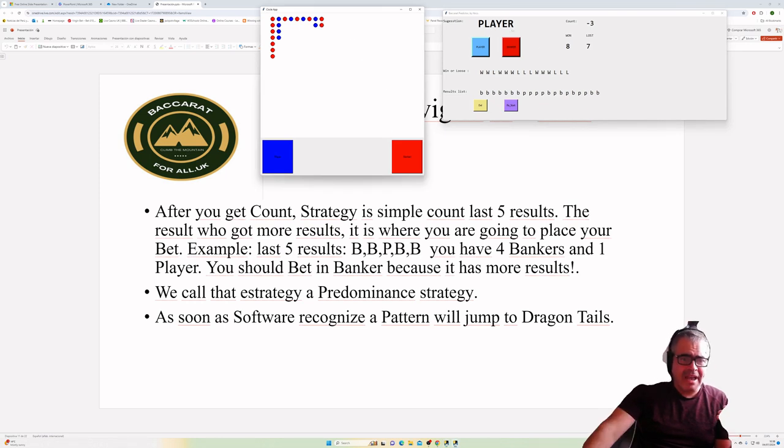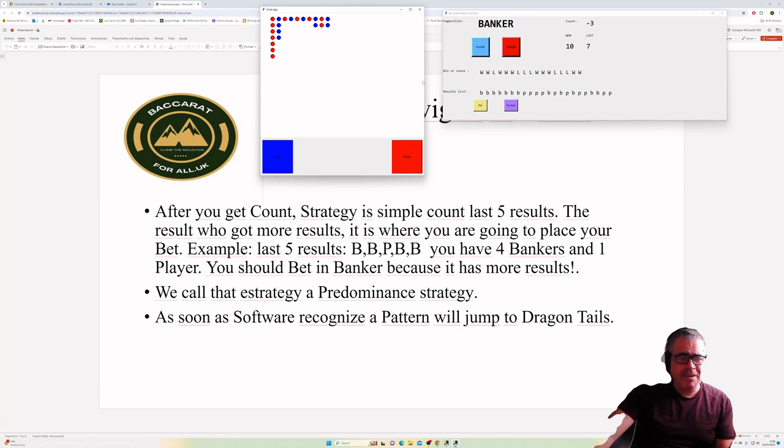At that moment, if you notice here, it found another pattern, the terrible two. So it has jumped to terrible two. It will recommend player, and you see another suggestion, player, player. It started recognizing all the patterns that we discussed in the beginning: the mountains, the banker, the dragon tails.